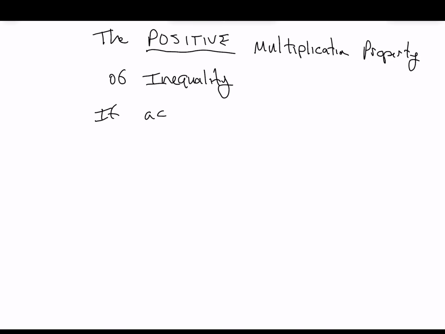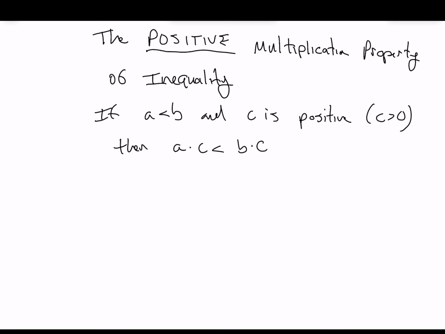So if A is less than B and C is positive, in other words, C is greater than 0, then A times C will be less than B times C. So if A is less than B and C is positive, A divided by C is less than B divided by C. So basically, you can multiply or divide both sides of an inequality by a positive real number, and that inequality symbol will still be true.